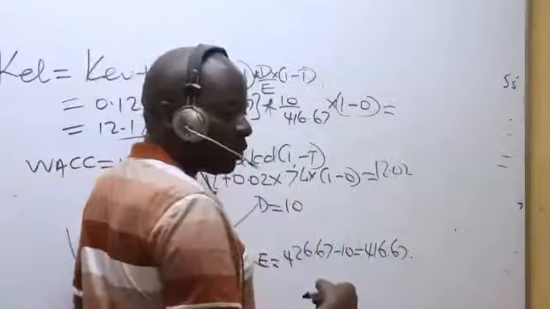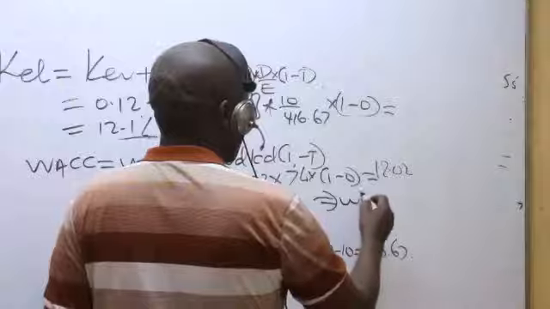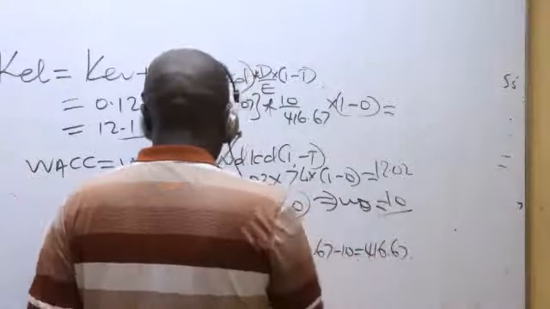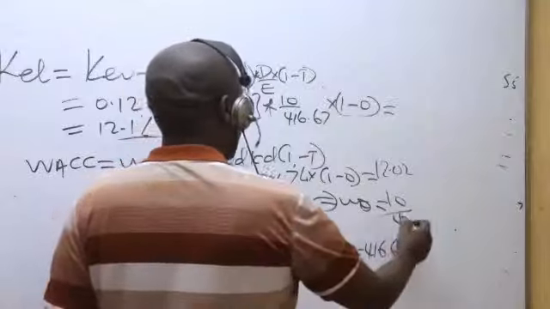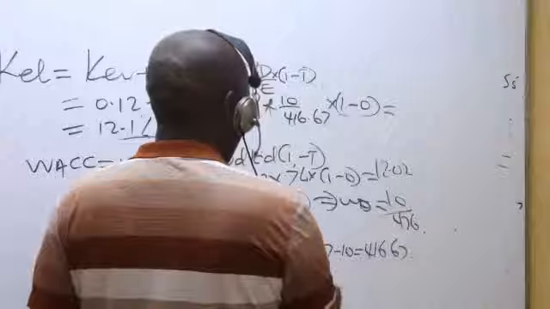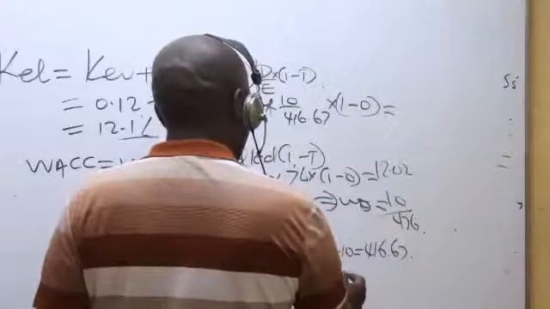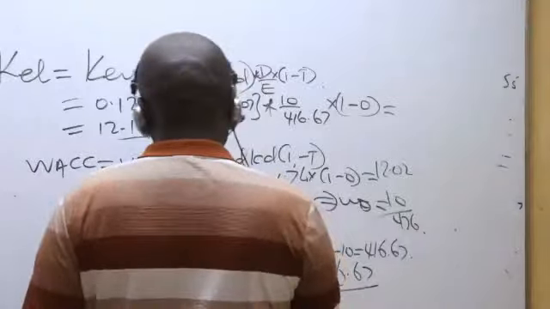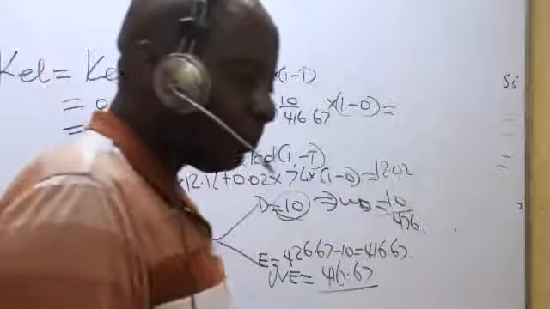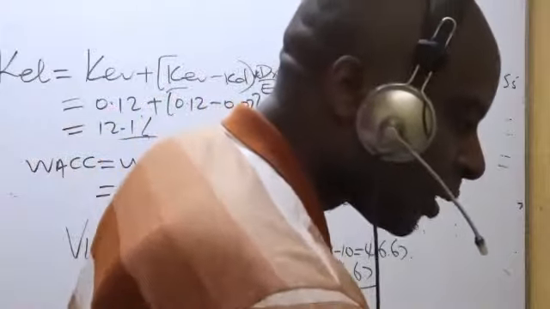And therefore, in terms of weights, weight of debt will be the debt amount 10 over the total value, 426, not 416. Then weight of equity will be this 416, which is the equity amount, divided by the total value, 426. Let's try that. And again, you'll have access to this video, which you can work with.